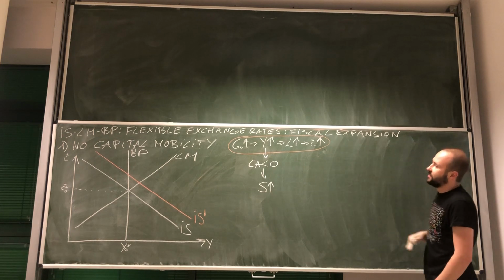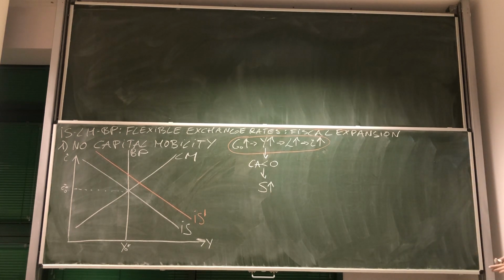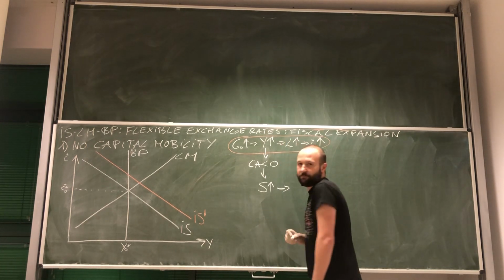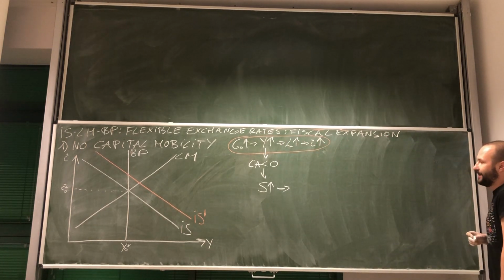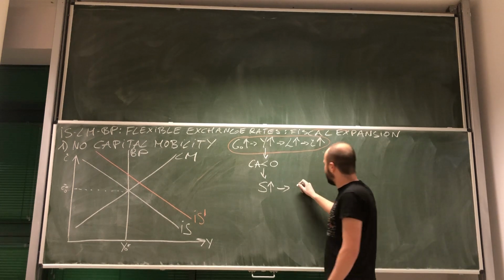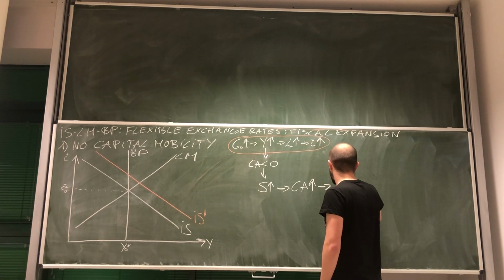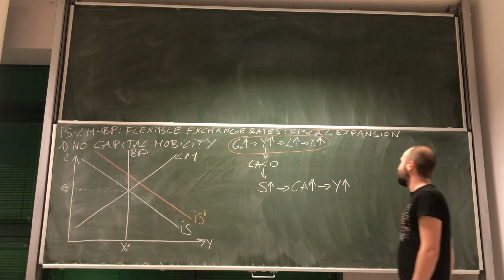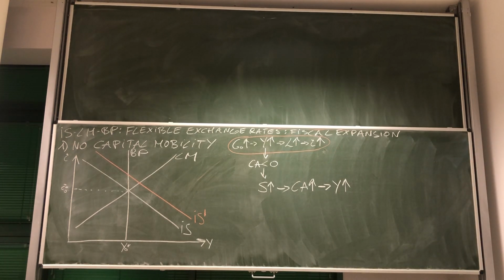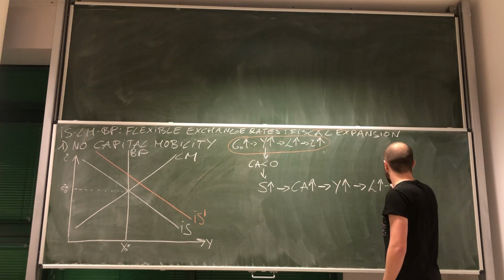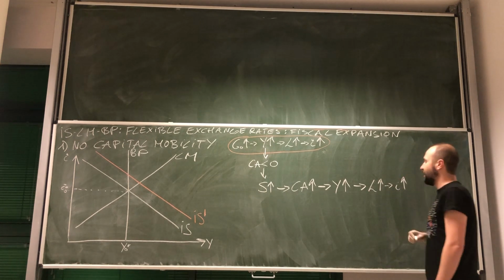Because, of course, there is no capital mobility. So what's going to happen then? Well, this chain of causality you already know quite well. So this will improve the current account, which in turn will have a positive impact on GDP, which in turn will increase money demand and interest rate even further.